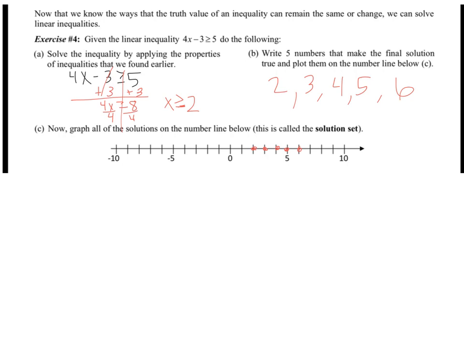So is it true that I can't do any numbers less than 2? Yeah. And it's every number larger than 2. So we give it a large arrow. Make sure that the circle on 2 is filled in to include 2 in the answer.